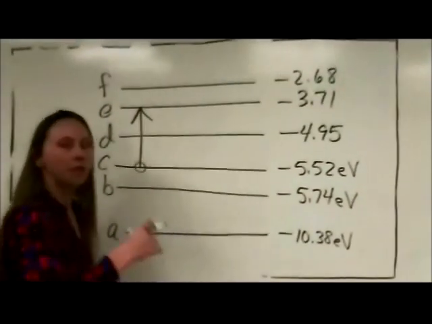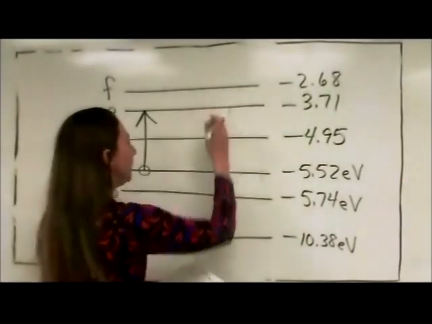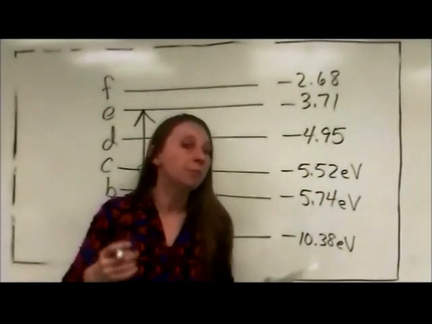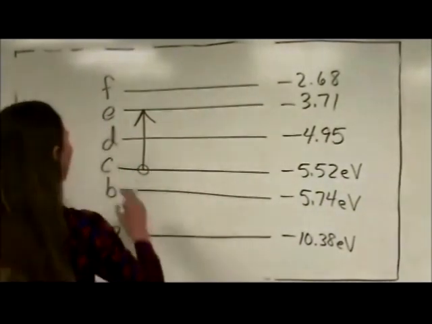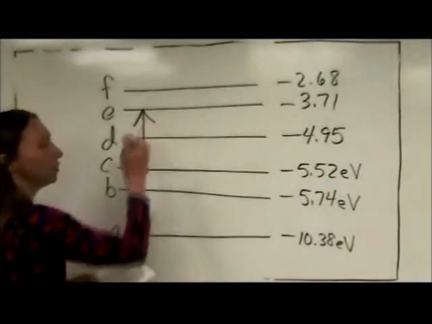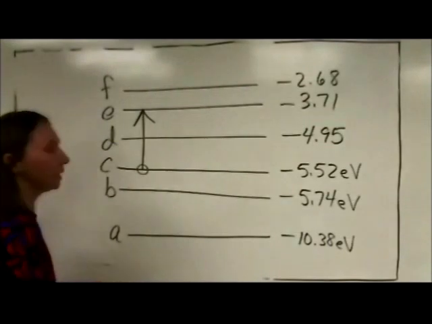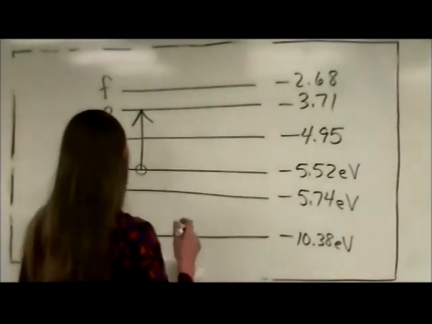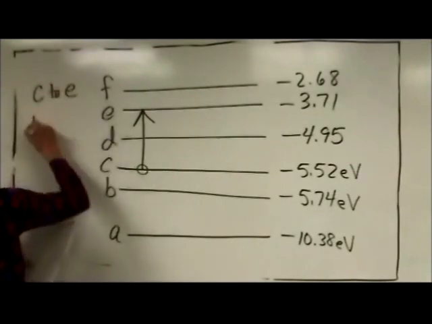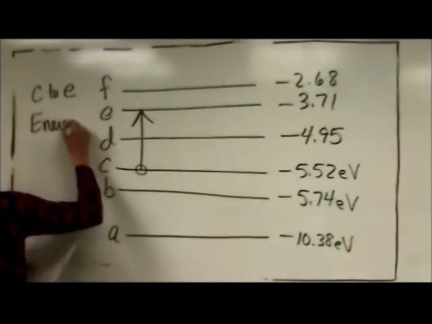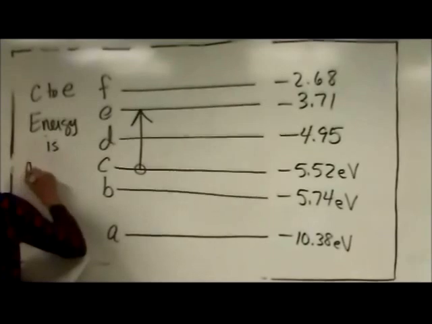C to E is absorption. E to C would be emission. You have to be careful about the wording. But if it's going from C to E, then it's definitely absorbing energy. So we're going to write down that energy is absorbed.